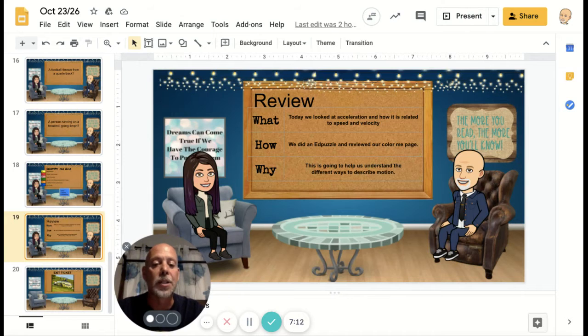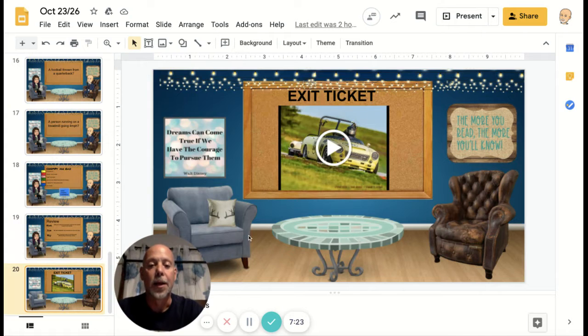This is going to help us understand the different ways to describe motion. Well, our exit ticket has come. It's going to be a video that we're going to answer some more questions about acceleration and velocity. All right? So here we go.